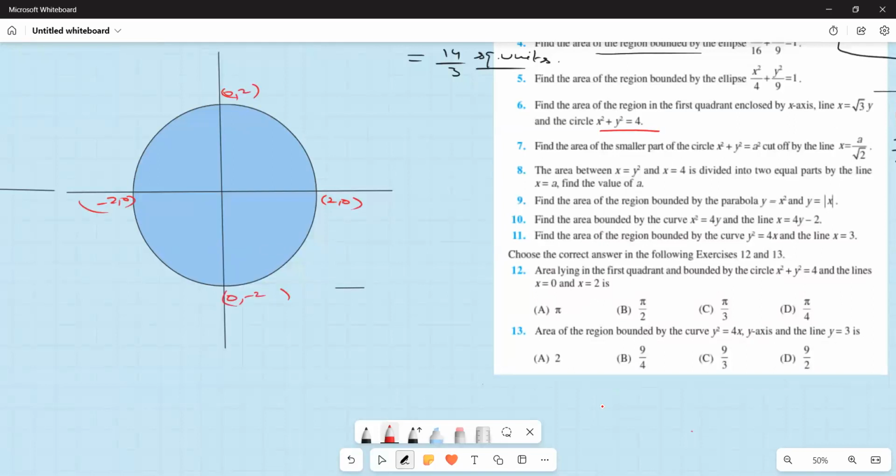Right? Now the line is x is equal to root 3 y, means you have to take a line passing through the origin, because there is no constant. Now you have to find the area in the first region enclosed by x-axis, means this area, right?